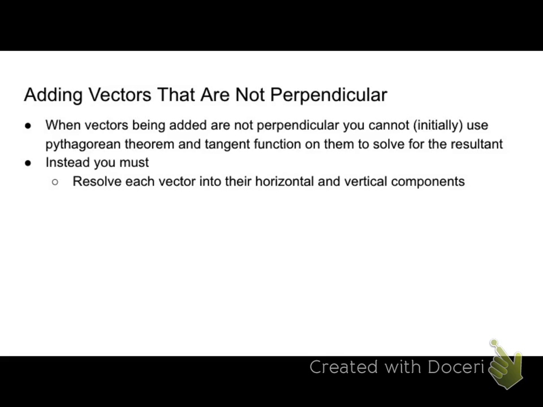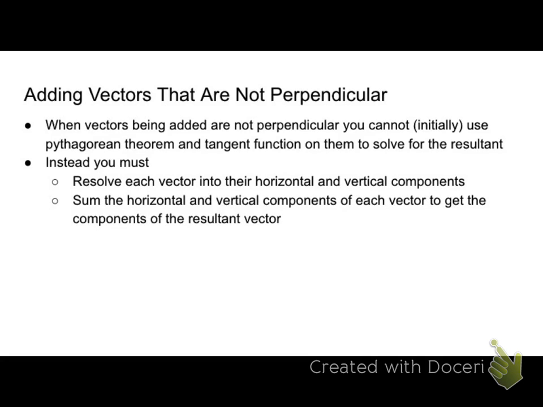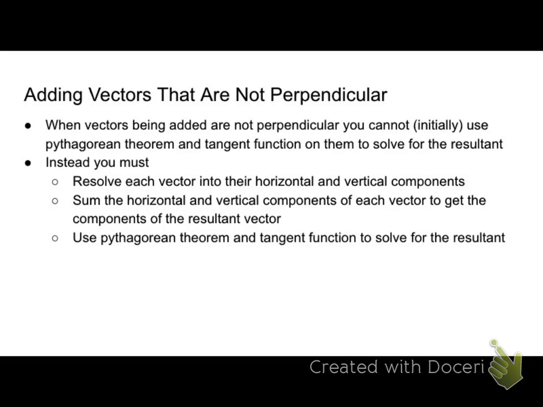Then you sum the horizontal and vertical components for each vector to get the horizontal and vertical components for the resultant vector. And then you can use Pythagorean theorem and tangent function to solve for the resultant. So it just makes it a few more steps.